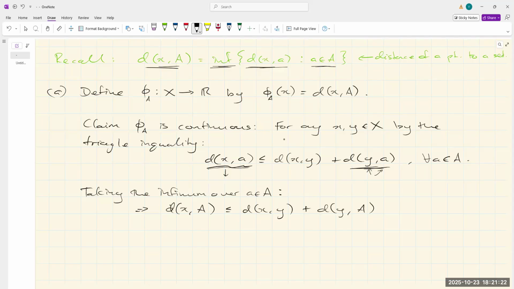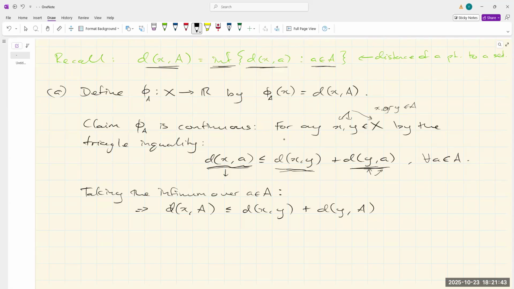Now, if you're thinking, okay, well, I started this proof by saying let x and y be any two points in the metric space X. So it could be that x or y are also elements of A. Then wouldn't this also have an infimum in it?